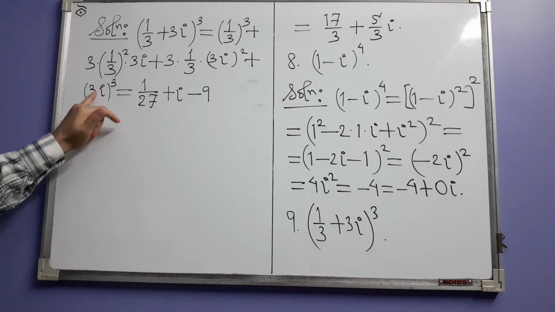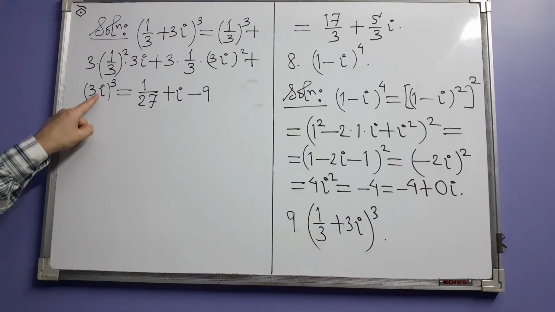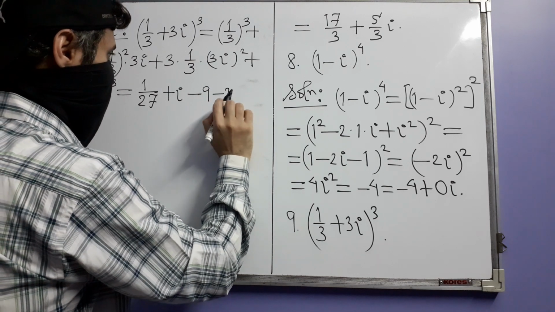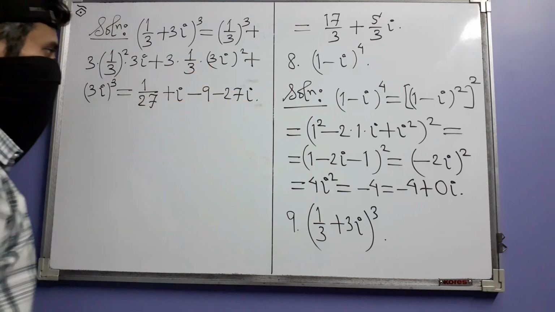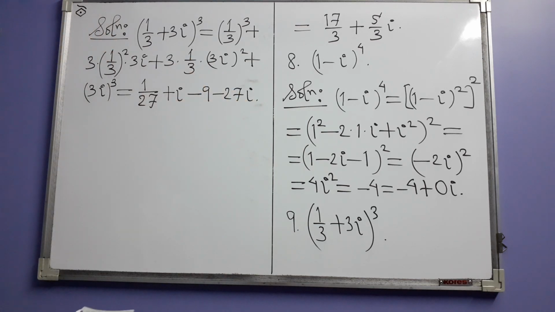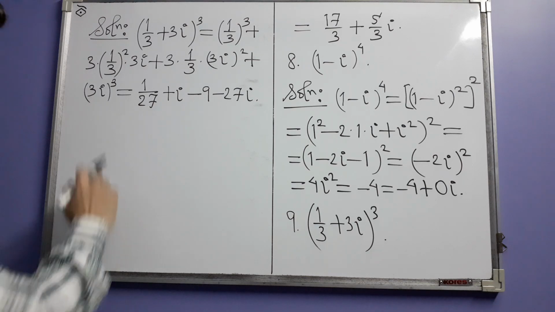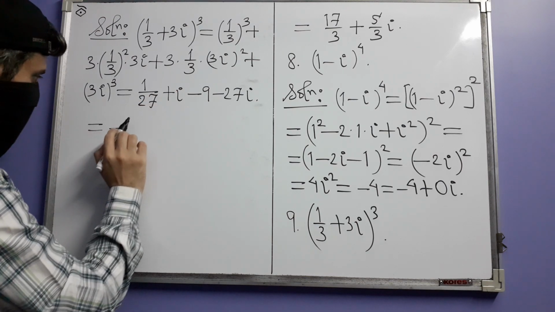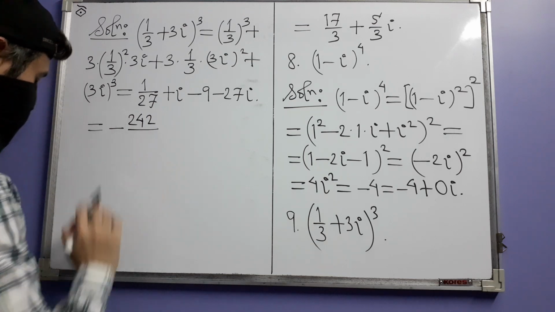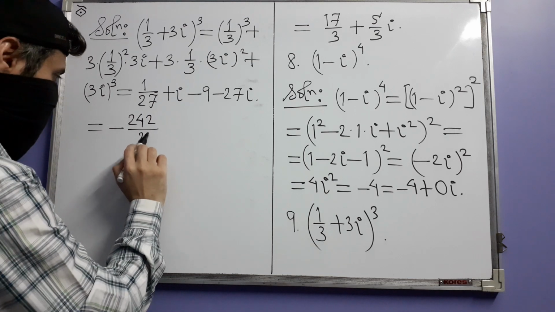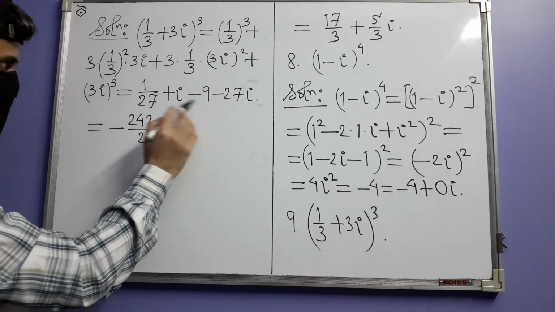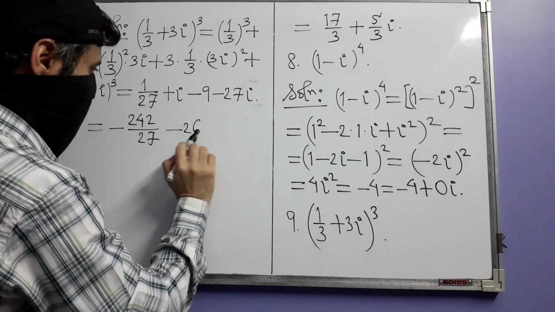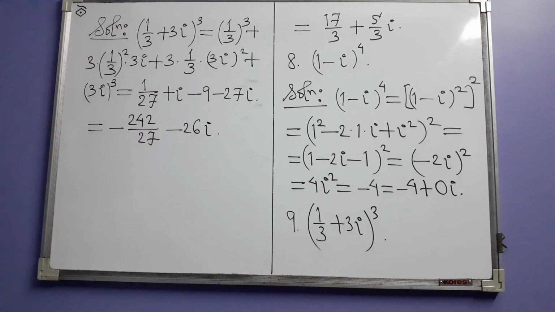What will happen to this? 3 cube is 27, but with that you have i cube, and i cube is minus i. So minus 27i. Okay. So if you do the calculation, finally you are going to get minus 242 divided by 27. The real part you have to do a little calculation, but the imaginary part is minus 26. So this is minus 26i.